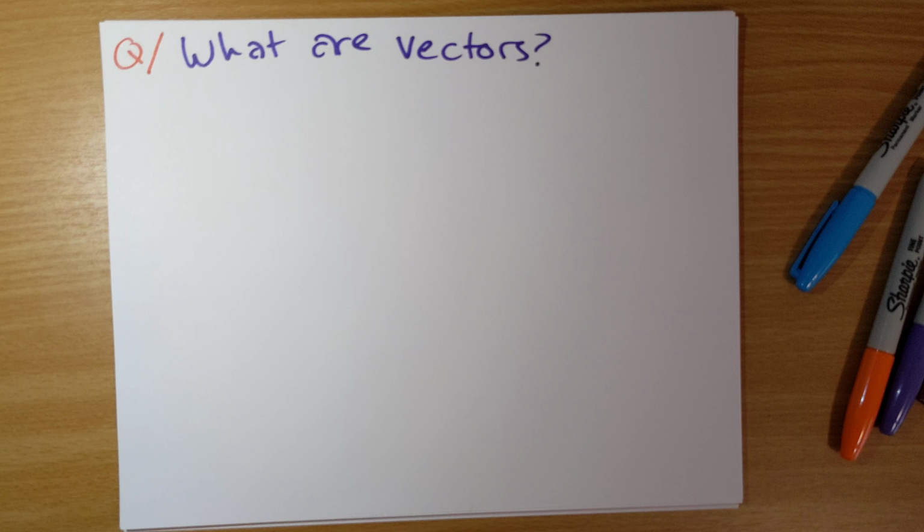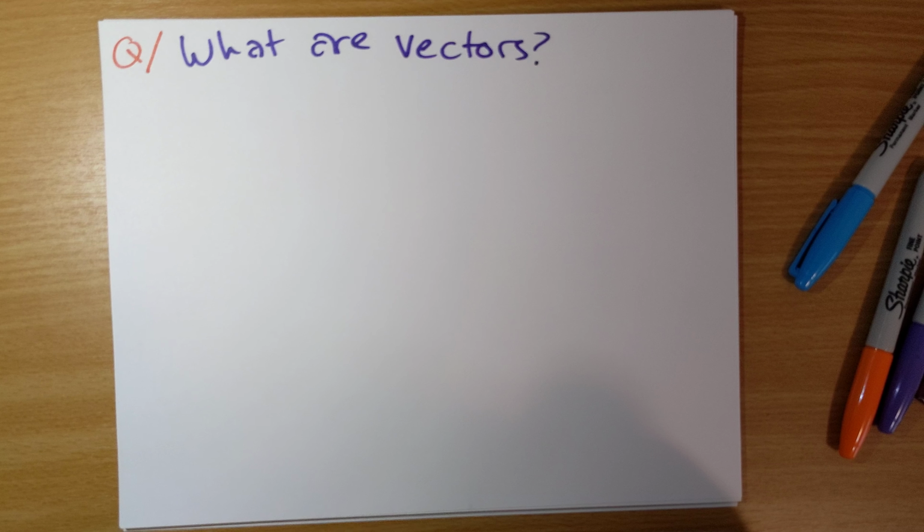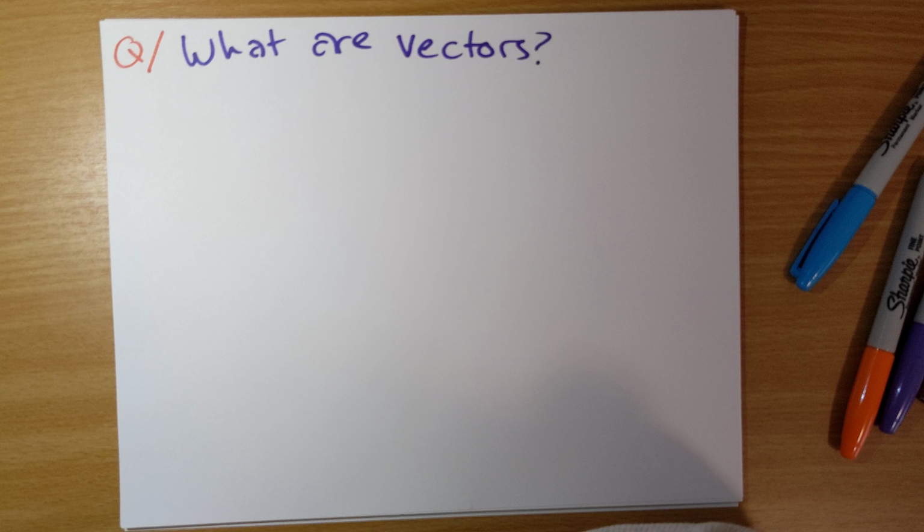Well, other quantities we might have to deal with have directions associated with them. So I'm filming this video in the late afternoon. Earlier today, I drove for a bit. I drove for roughly 150 miles. It's perhaps not as satisfying to say I drove 150 miles as it is to say I drove 150 miles in the southwest direction.